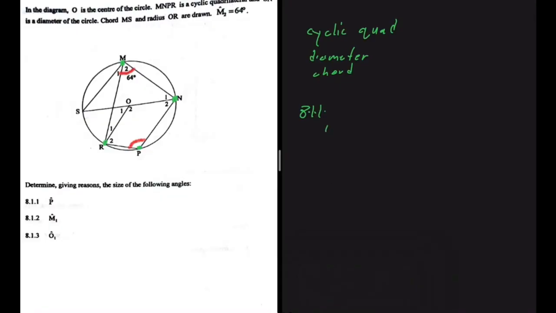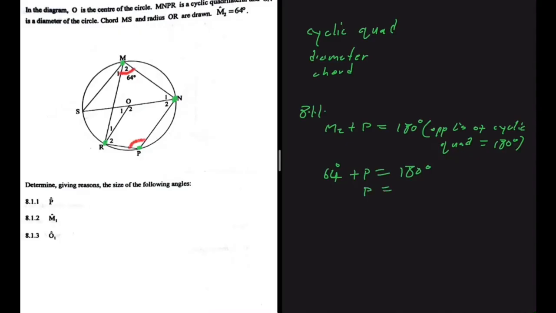So we have M2 plus P being equal to 180 degrees, right? Opposite angles of a cyclic quad sum up to 180, right? And then what is the size of M2? M2 is 64 degrees, and then plus P, which we're looking for, being equal to 180 degrees. So now it should be easy to see here that P is equal to 116 degrees, right?